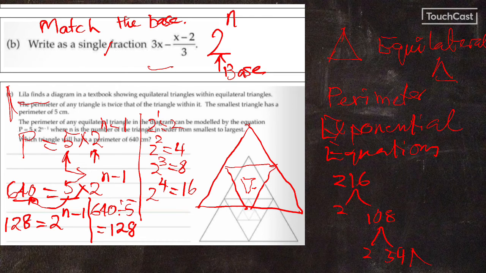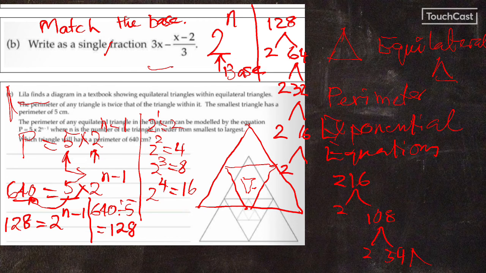So now you've got to split 128 into base 2. 2 goes into 128 64 times. 2 goes into 64 32 times. 2 goes into 32 16 times. 2 goes into 16 8 times, 2 times 4, and 2 times 2. 1, 2, 3, 4, 5, 6, 7.